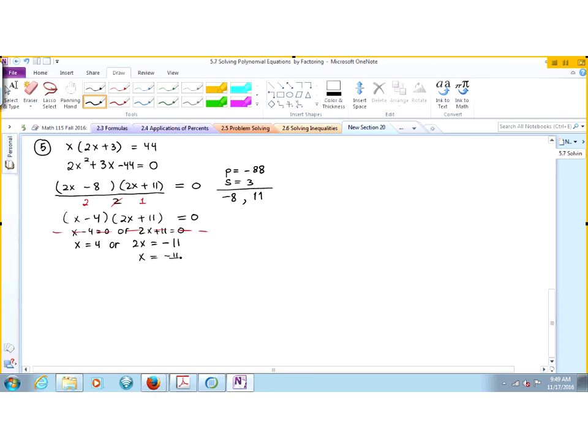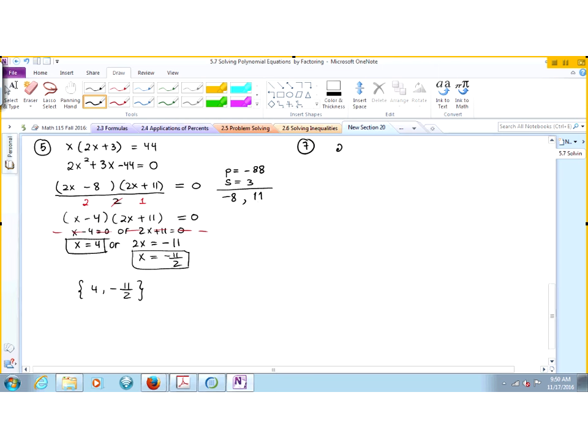Yeah, we're not done. So x is equal to negative 11 over 2. Of course you have to solve for x. You don't solve for 2x. We go all the way solving for x. So you have two solutions, which are 4 and negative 11 over 2.